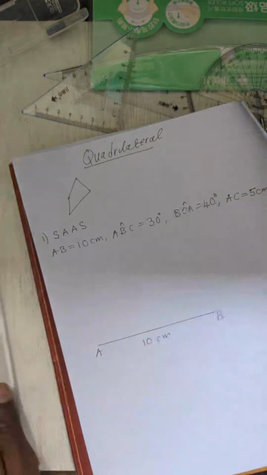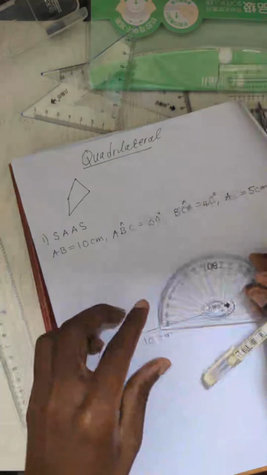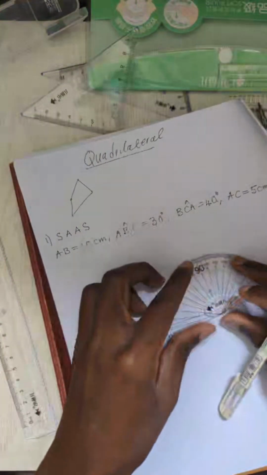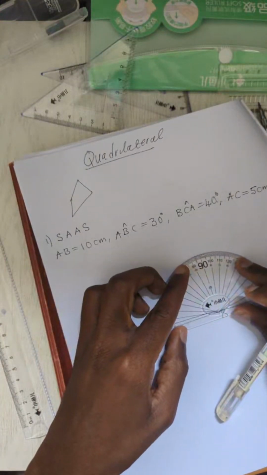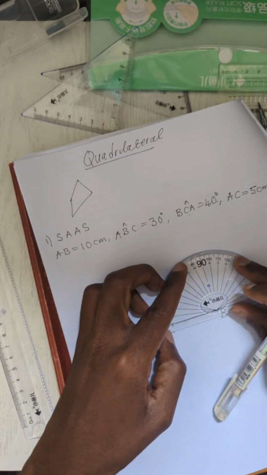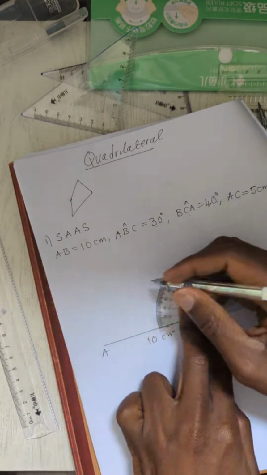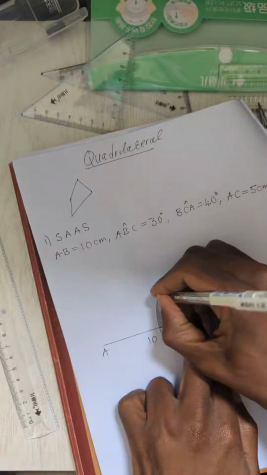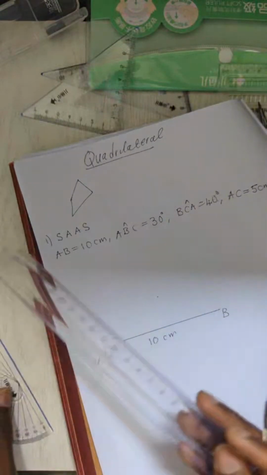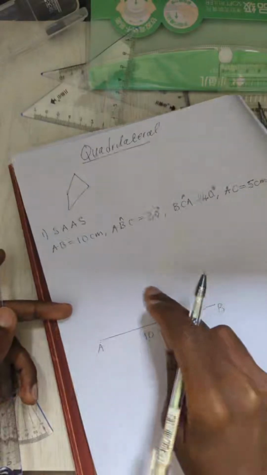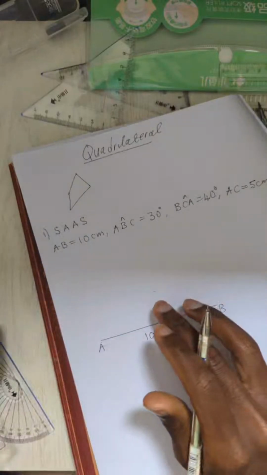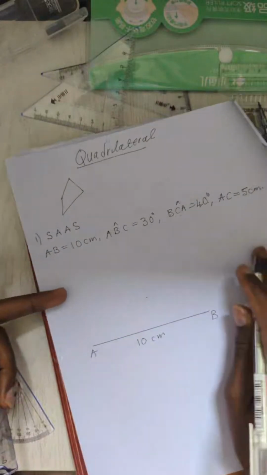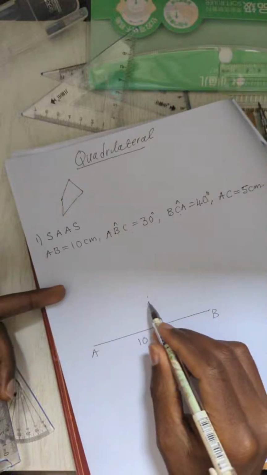ABC, the angle is 30 degrees, so we get our protractor. We put it nicely there. 30 degrees, it's here. Okay, so we know that from B to C is 30 degrees. We don't know the length of the line.